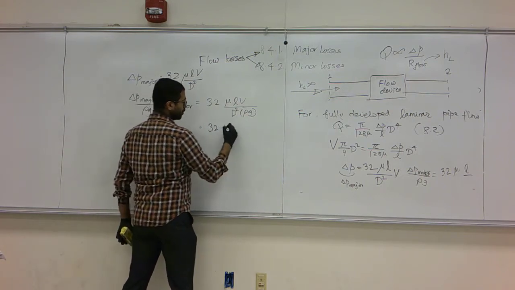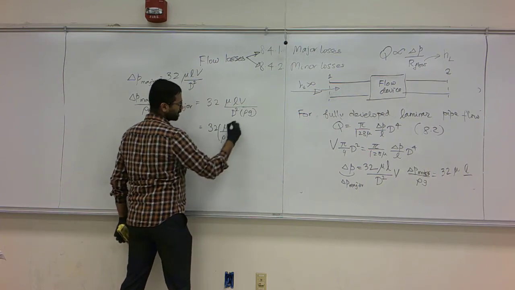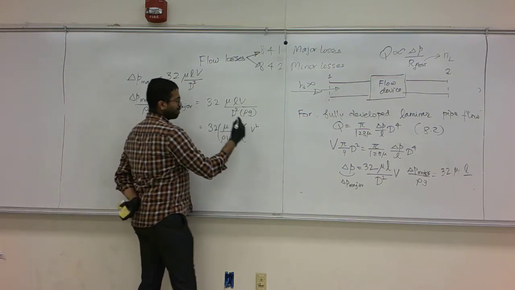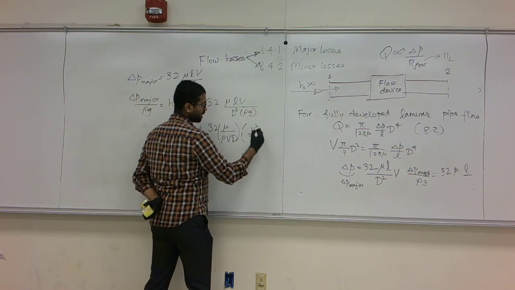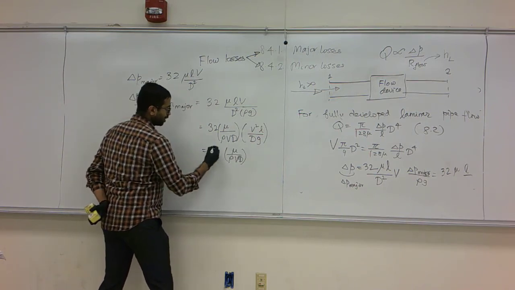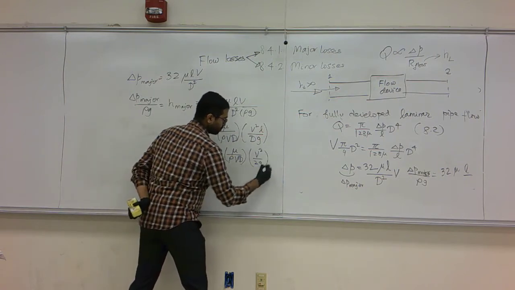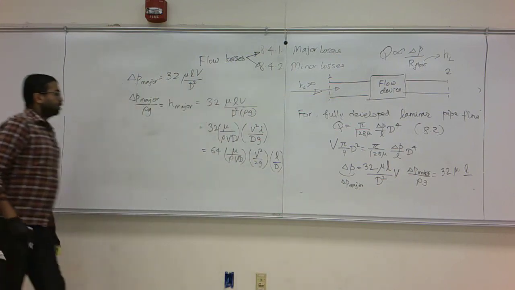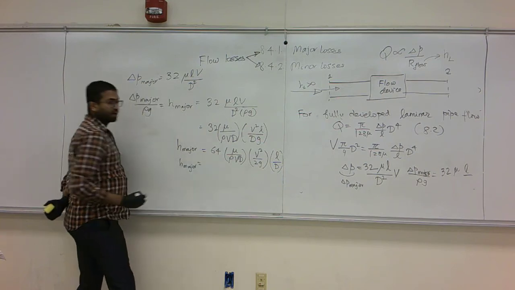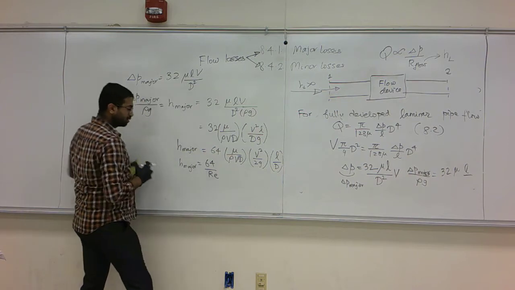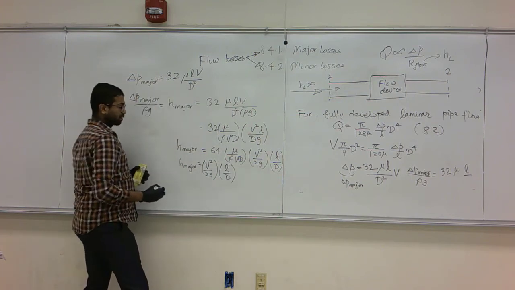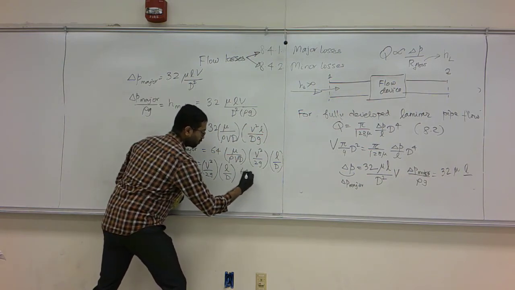So we can write 32 mu, I have rho, I'm going to write it rho Vd because I need Reynolds number eventually, and I multiplied by a V, so I have to divide by a V. I have one more diameter left, and then I have g, and then I have L. Instead of 32, let me write it 64 V squared over 2g times L by D. So I have H major, or the major head loss, is 64 divided by Reynolds number times V squared over 2g times L by D.